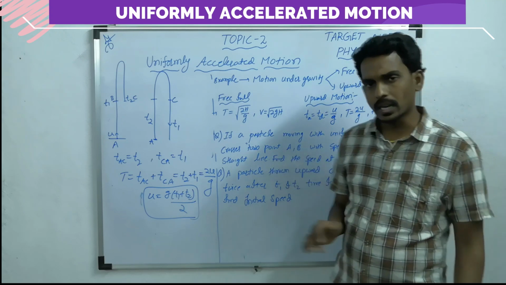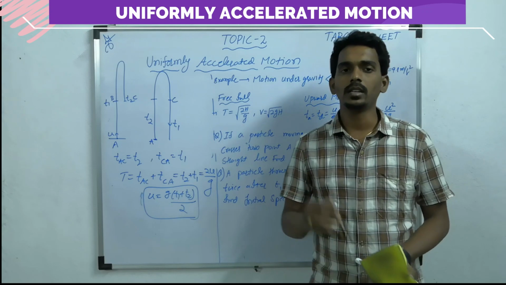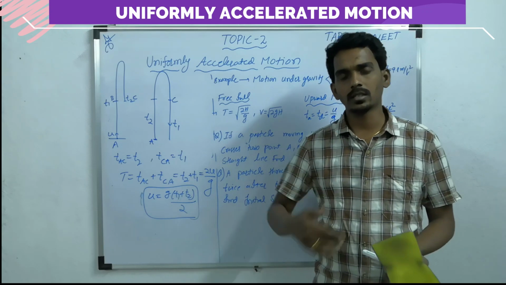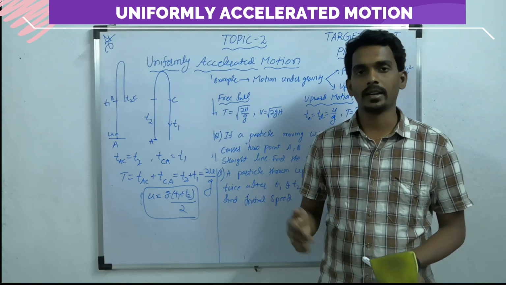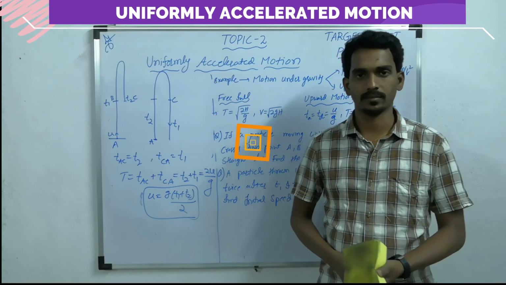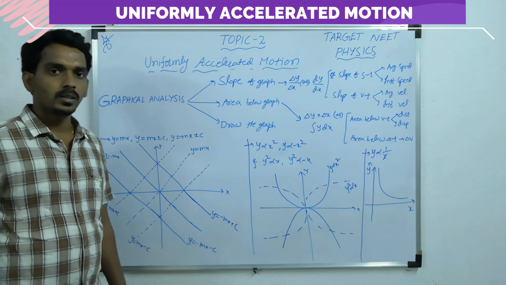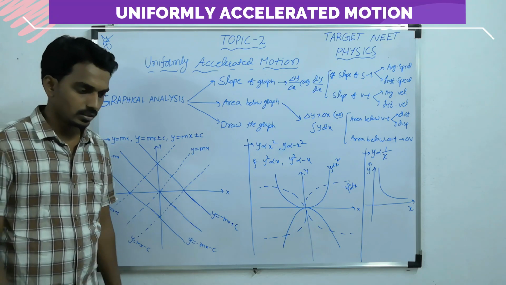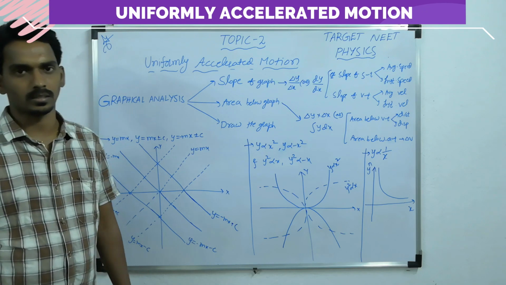And apart from this kind of question, there are also a few questions that will come based on graphical analysis. Let us try to understand what kind of questions will come based on graphs and how to solve those questions. So, let us try to understand the other part of the second topic, graphical analysis.